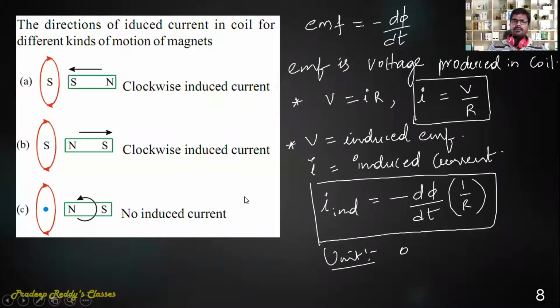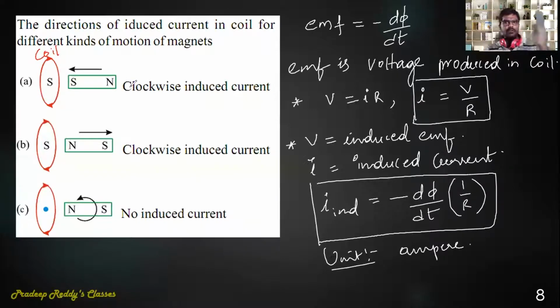Now the direction of induced current due to motion of the magnet can be obtained from these figures. You can just check it once. Now there is a south pole coming closer to this coil. This is a circular coil, and you are bringing the south pole closer to the coil.